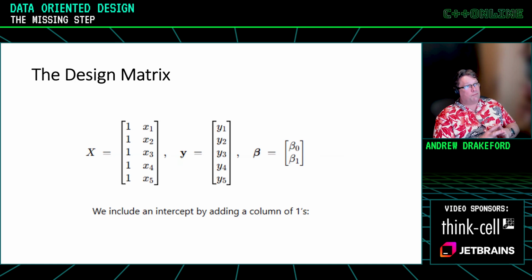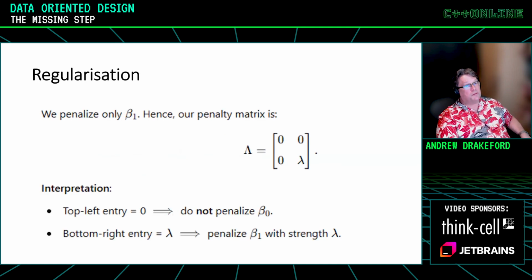In traditional regression maths, we have an X matrix, ones plus all the values of the X points, a Y matrix of all the observed values, a beta matrix of, in this case, the two coefficients, beta 0 and beta 1, and a regularization matrix with just lambdas on the diagonal, in this case, just the bottom diagonal.